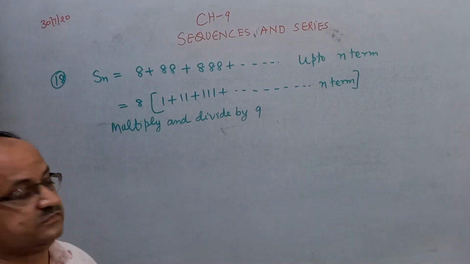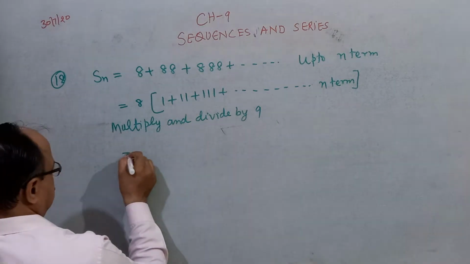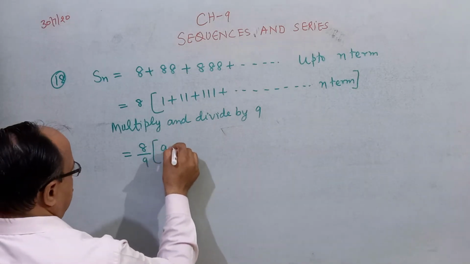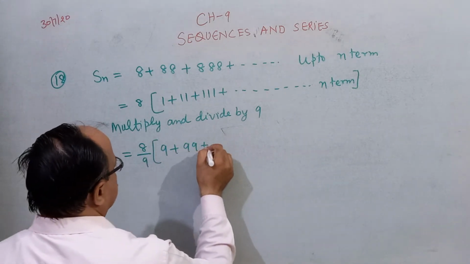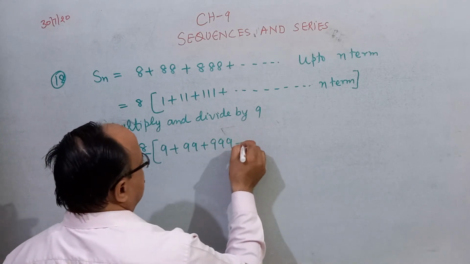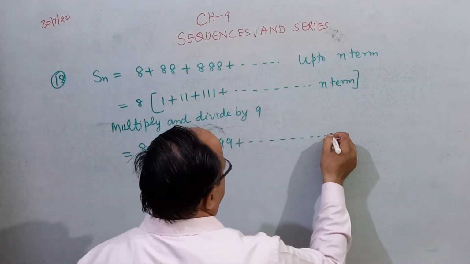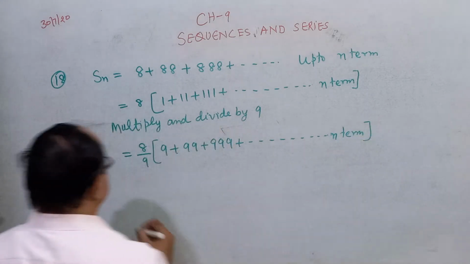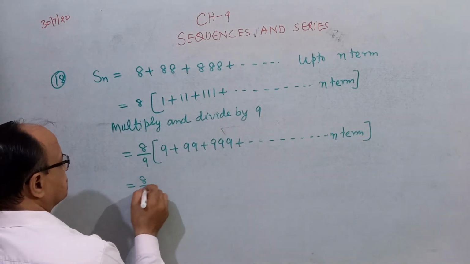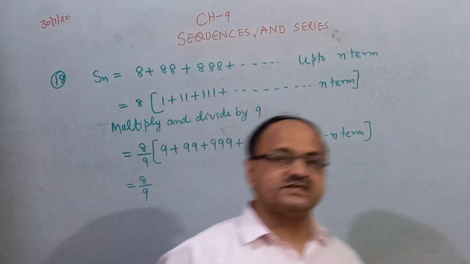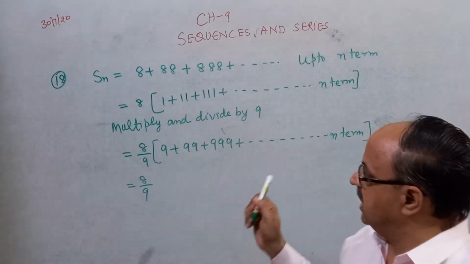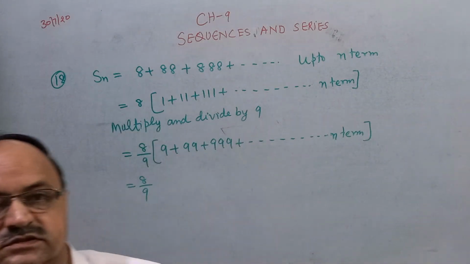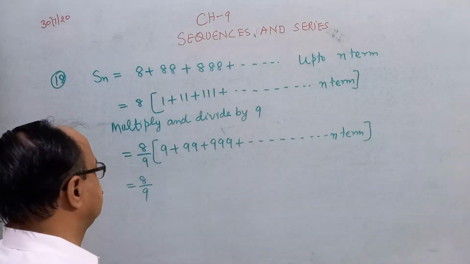So we get 8 by 9 times (9 plus 99 plus 999, and so on, up to n terms). This is the main step in this question.